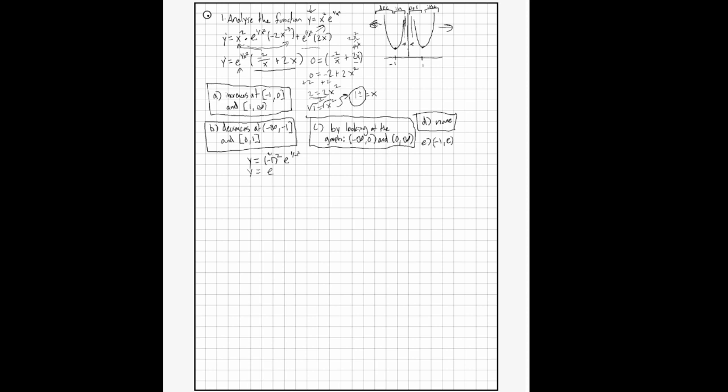It doesn't really matter which answer you use, you're always going to get e for y, because they're both just 1. It's not going to change anything, unless it was a cube root, then it would change something. So at -1 it's e. So (-1, e) is one of the extremas, and (1, e) is the other extrema. So there's the answer to question E.